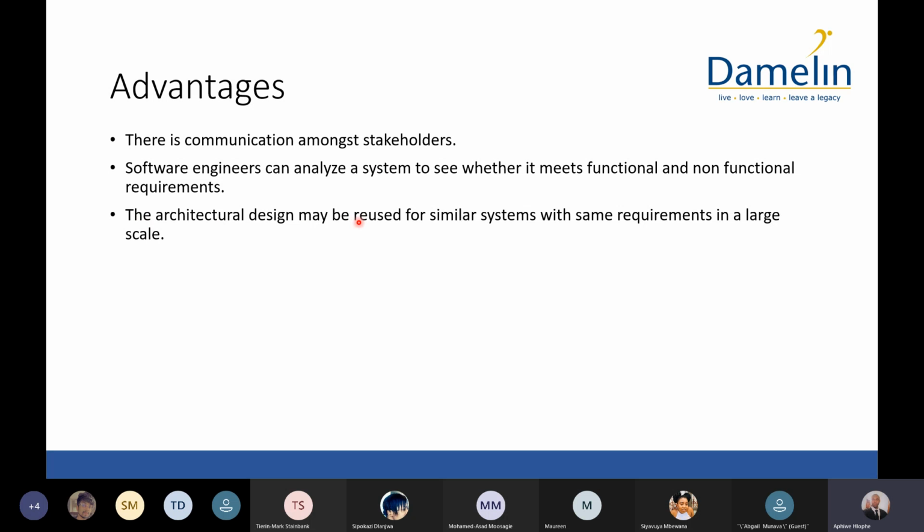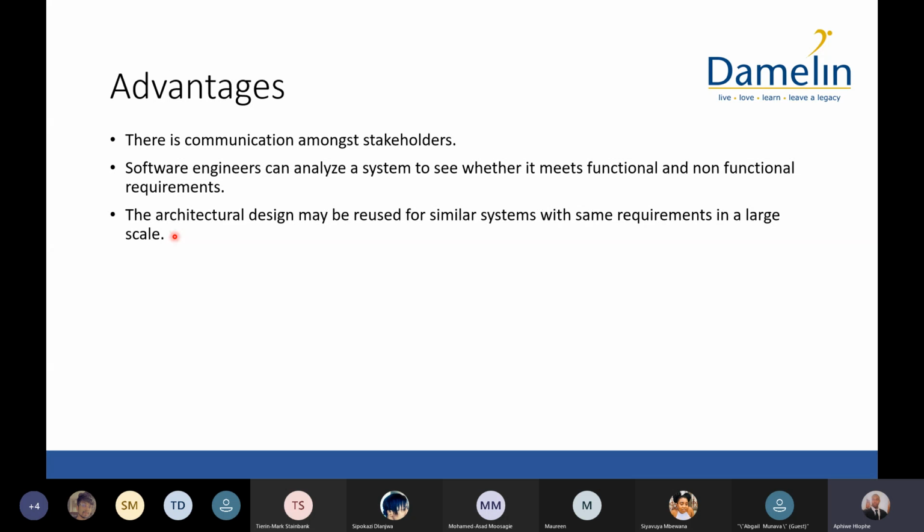The architectural design may be reused for similar systems, same requirements, on a large scale. So that's the beauty of architecture. Architecture, unlike system design, can be reused. It's very rare that you may want to reuse the UI, or the user interface, of another company. But architecture will remain the same.